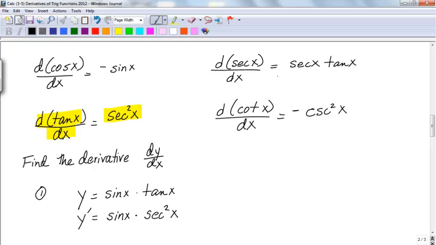So product rule says leave the first quantity the same times the derivative of the second, and product rule has a plus sign in between. Then it says leave the second quantity the same, so that'd be tangent of x times the derivative of the first. So then you have to go back and say, okay, what's the derivative of sine?